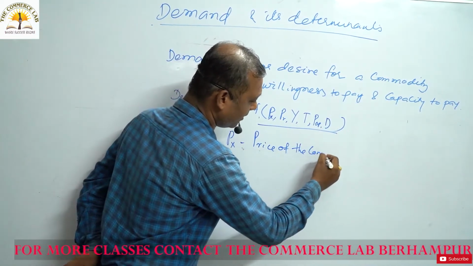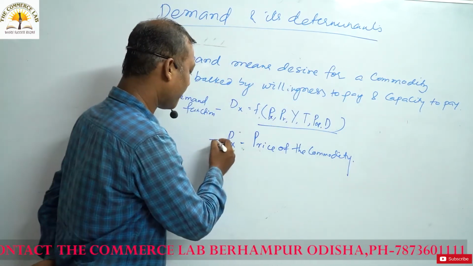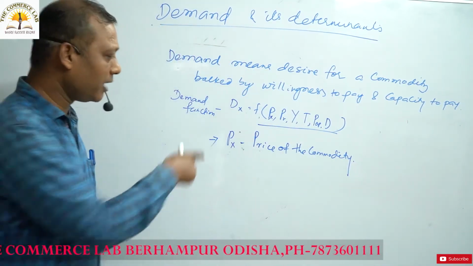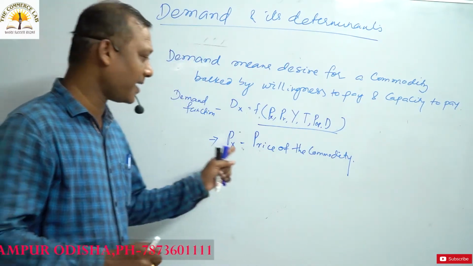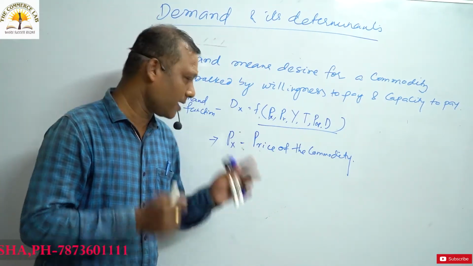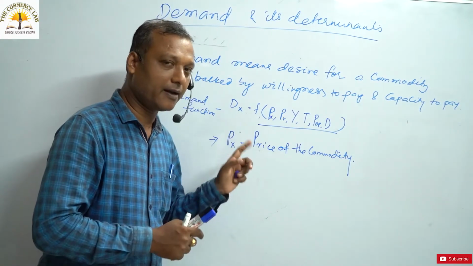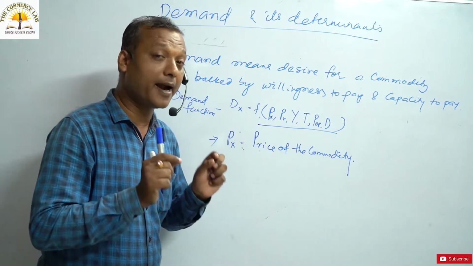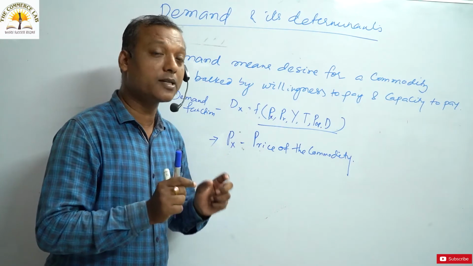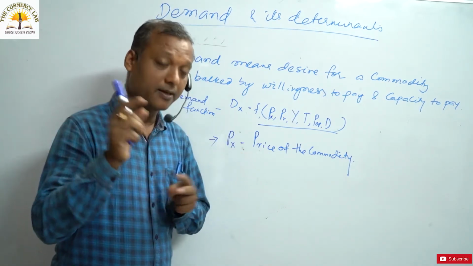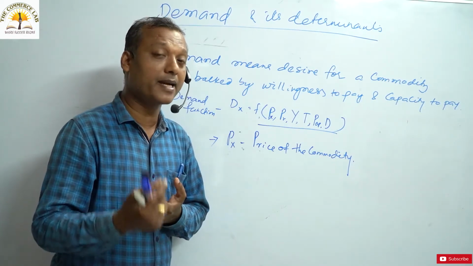The first point to influence demand, the first factor, is the price of the commodity. Point number one. When you talk about price influencing demand, you should have in mind that consumers have an objective. Demand belongs to the side of the consumer, and the consumer has the objective to get maximum satisfaction.